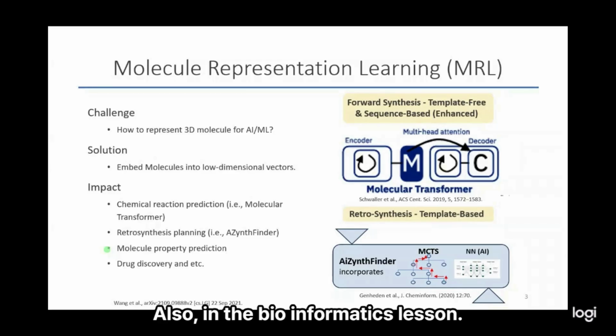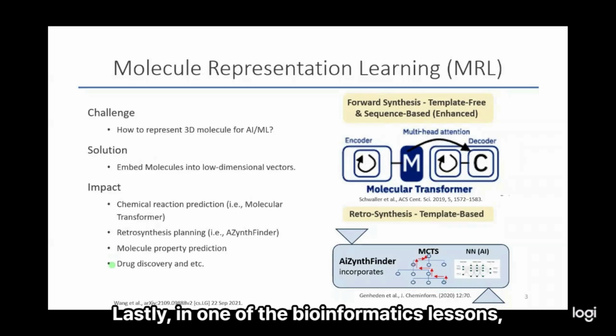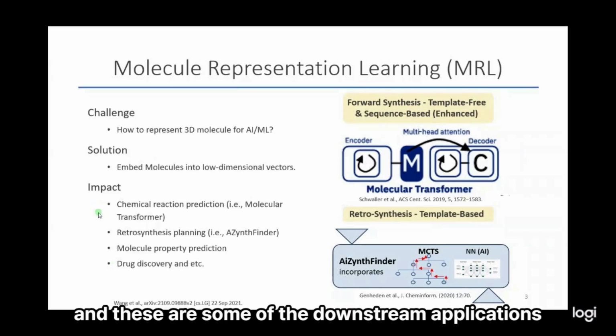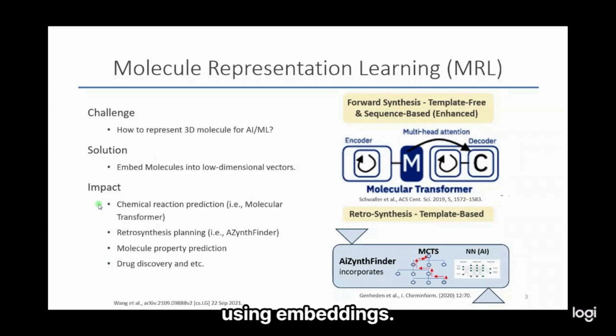Also, in the bioinformatics lesson, we discussed protein ligand binding affinity prediction. Lastly, in one of the bioinformatics lessons, we also discussed drug discovery. And these are some of the downstream applications using embeddings.